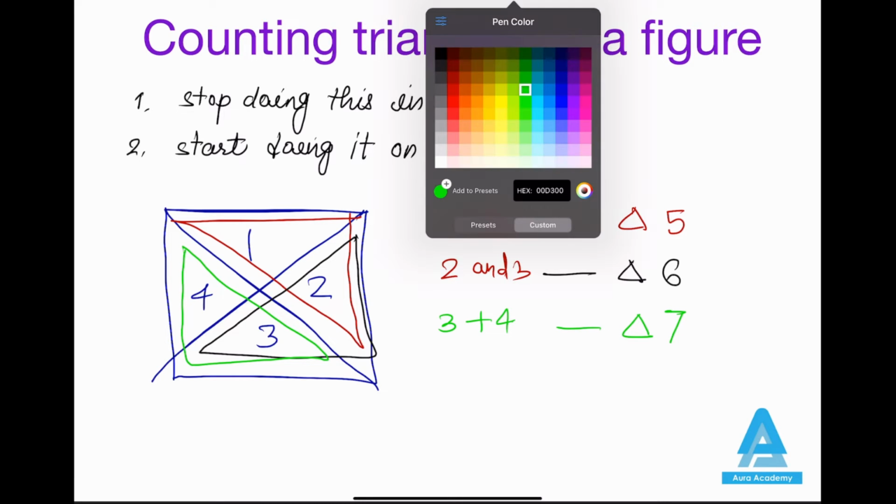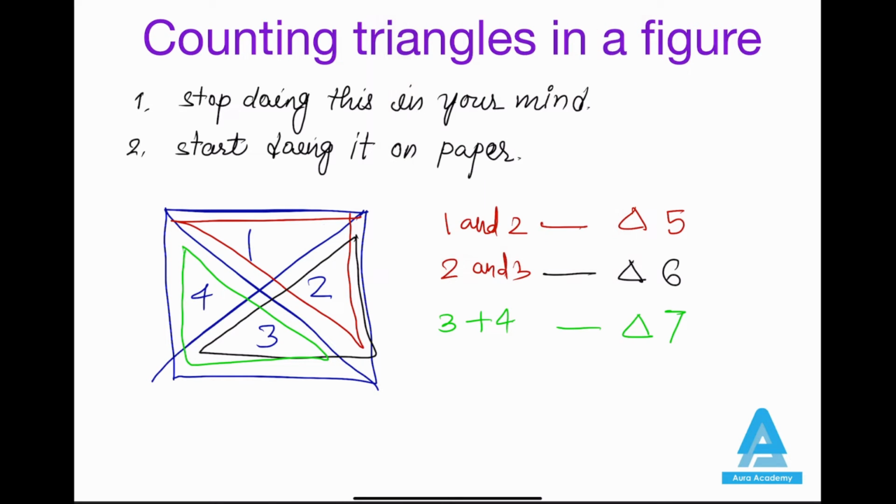And 4 and 1, right? 4 and 1 make triangle number 8. So the number of triangles in this figure is a total of 8.